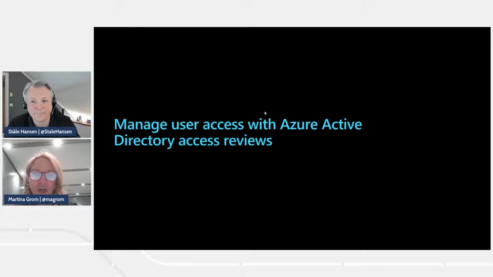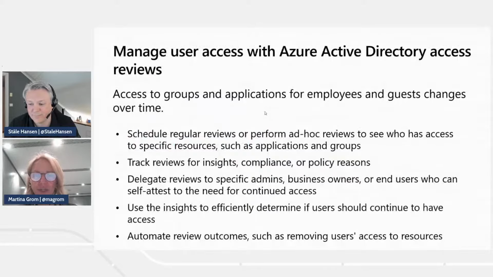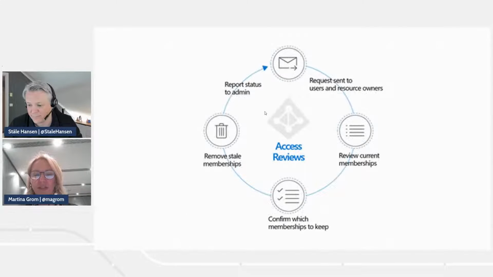So if we go into the user flow, you can find it in Azure Active Directory. In Azure Active Directory, if you go into information governance, you have access reviews here. What you are doing here is you set up a schedule, and you say, okay, I want to have my owners confirm our guests in a specific team.